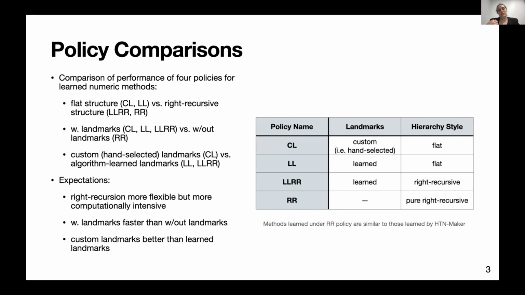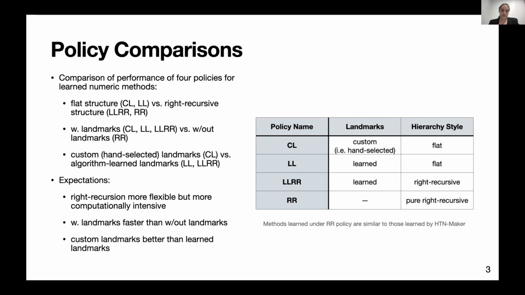I'm going to use those policies to make the following comparisons: flattened structure task networks versus right recursive structured task networks; task networks learned with landmarks versus without landmarks; and networks learned with custom or hand selected landmarks versus hierarchies learned with algorithm learned landmarks. You can see in the table on the right, we have the policy names and their various characteristics.